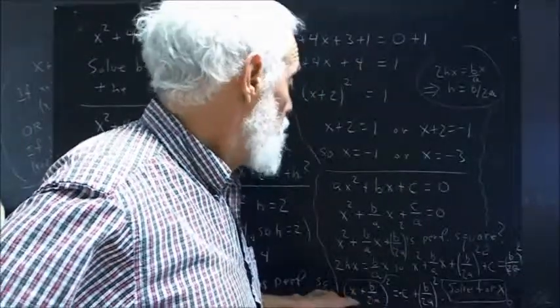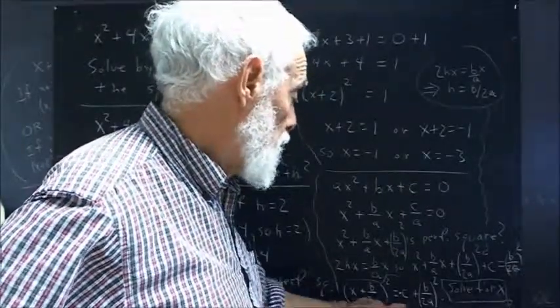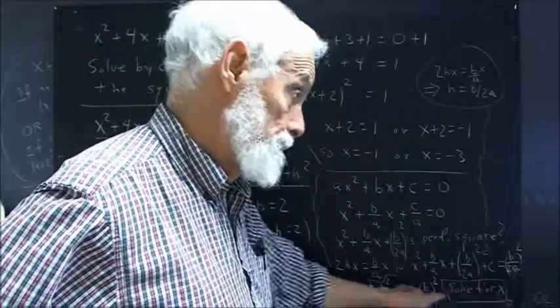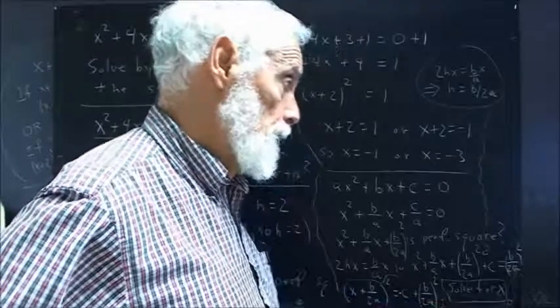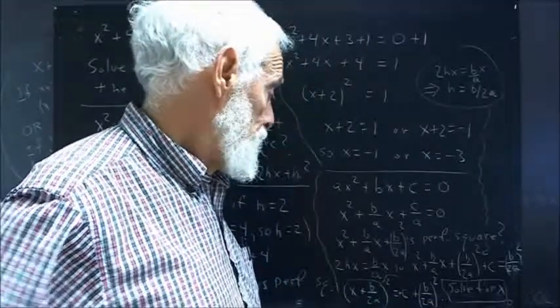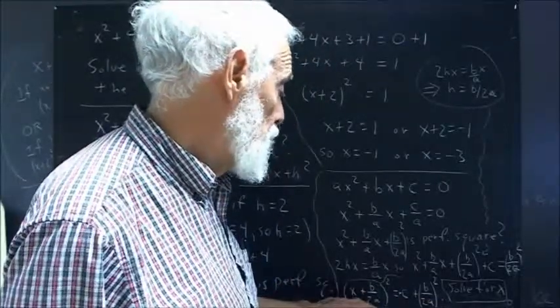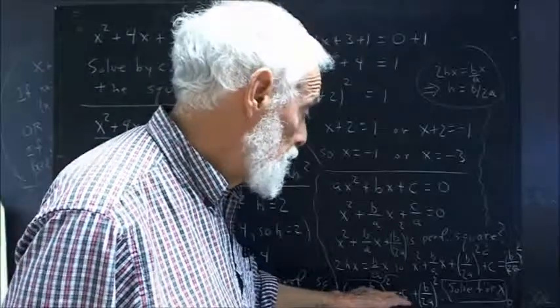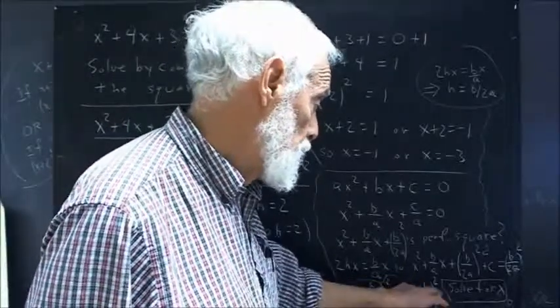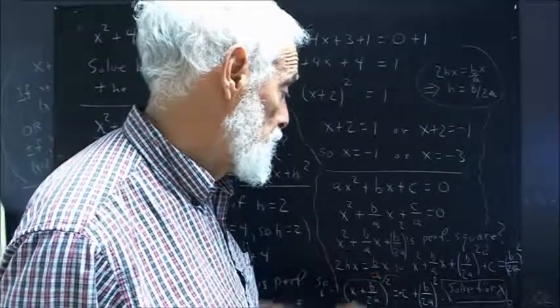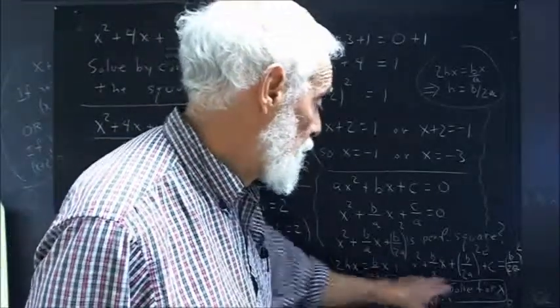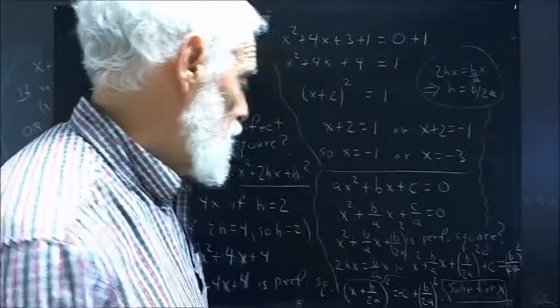What are you going to do? Well, x plus b over 2a is going to have to be the square root of all this right-hand side, or the negative of the square root of this right-hand side. So you're going to have x plus b over 2a equals the square root of negative c plus quantity b over 2a squared. And you're going to have x plus b over 2a equals the negative of the square root of the same thing.